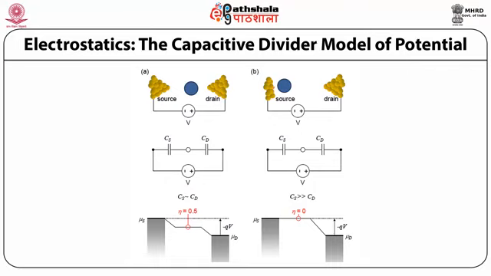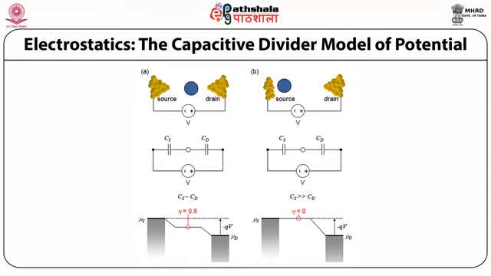Now if the nanoparticle is near to the source as shown in figure B, but far from the drain, in other words, if the nanoparticle strongly couples to the source compared to the drain, CS is very much greater than CD, and vice versa.